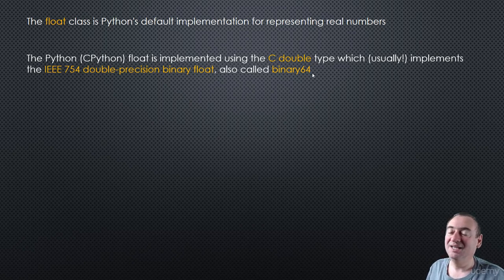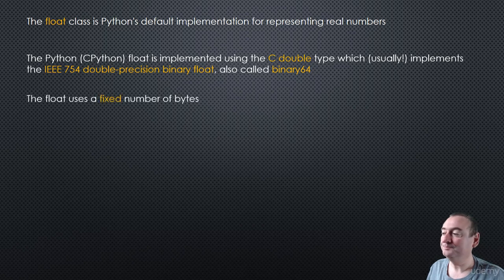That's a mouthful. Very often it's shortened to just binary 64. But it is a standard way of representing floating point numbers in computers, and many languages will use it, not just Python. C uses that, as well as many others.